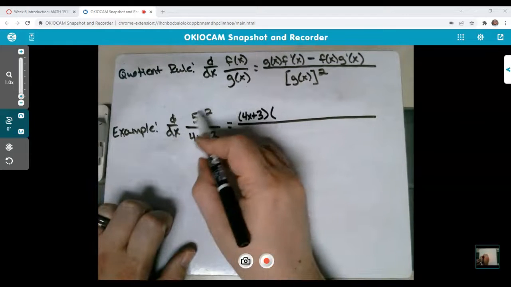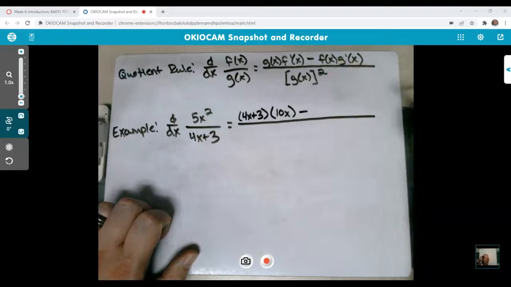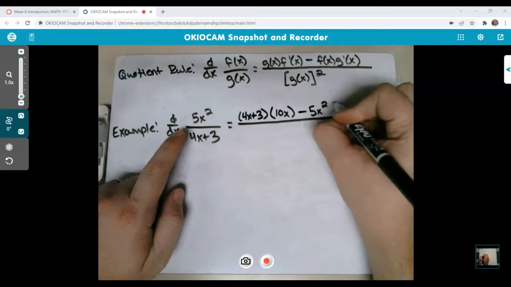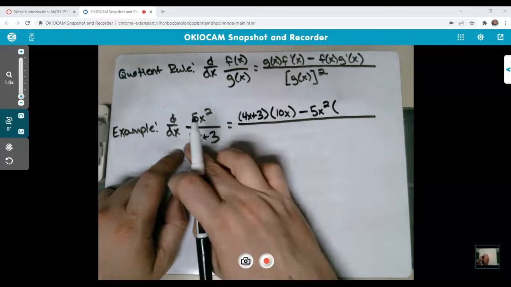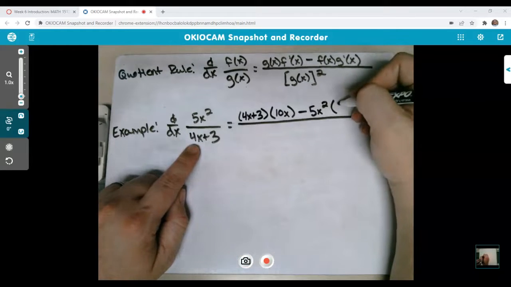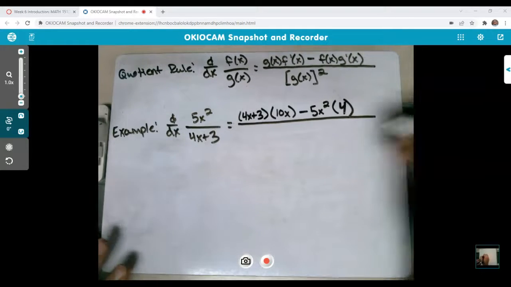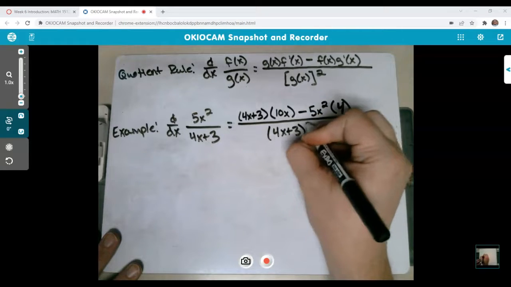Bring my 2 down. 2 times 5 is 10, so that makes it 10x, minus high d low. So leave the numerator times the derivative of the denominator. The derivative of 4x is just 4. The derivative of 3 is 0. So we just have 4. All of that over the denominator, which is 4x plus 3, squared.